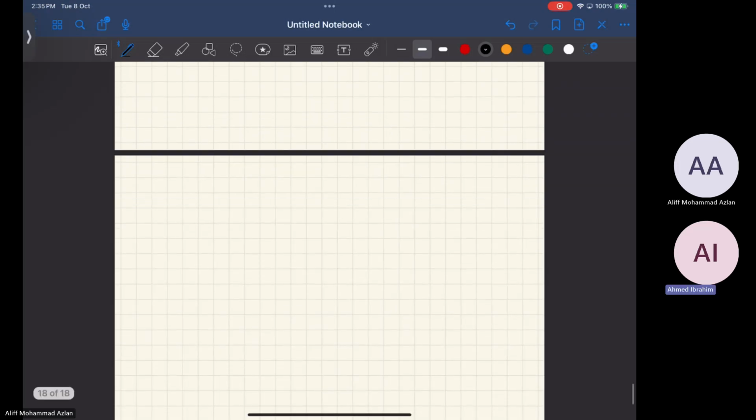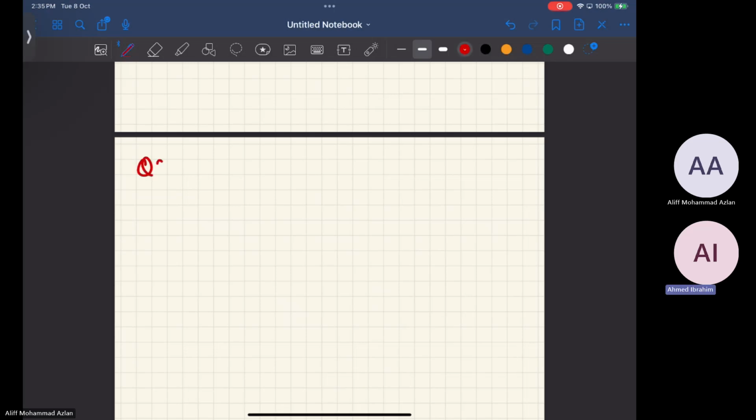All right, last question is Fourier transform.